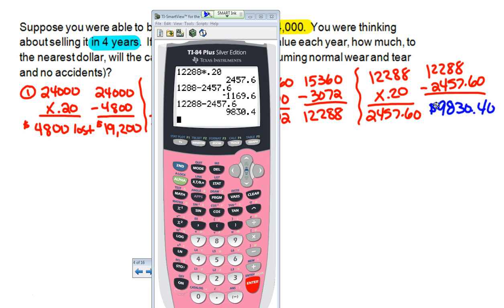So that's about $9,830 from $24,000. So we lost a lot in 4 years. Believe it or not, that's true.